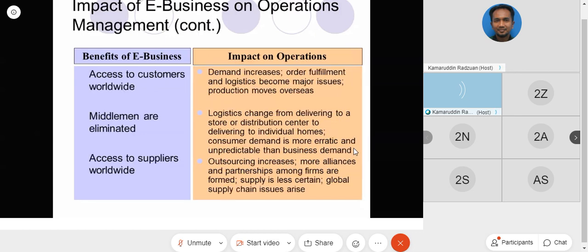Access to customers worldwide. When we have a presence in the global marketplace, indirectly the demand will also increase, and issues regarding order fulfillment need to be highlighted in order to improve the operation of order fulfillment.